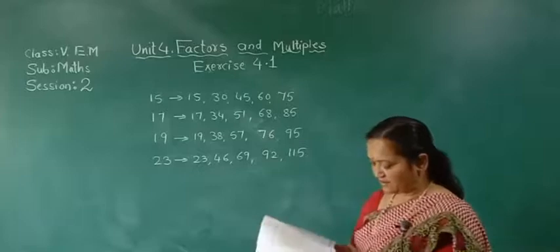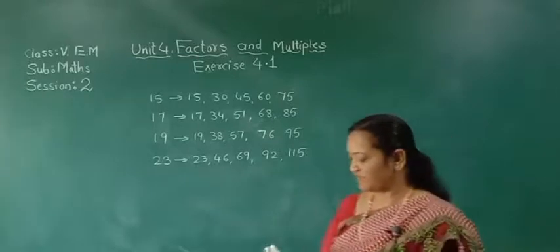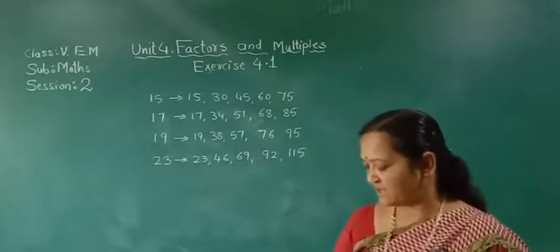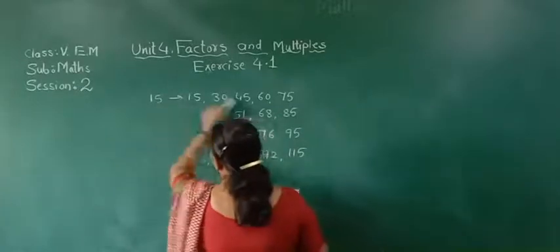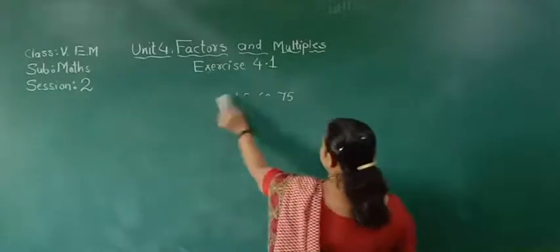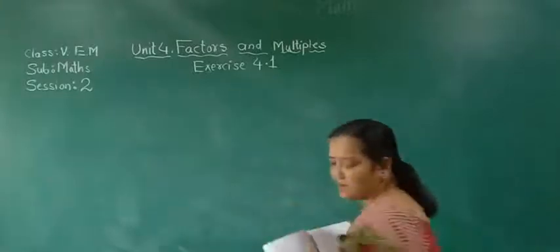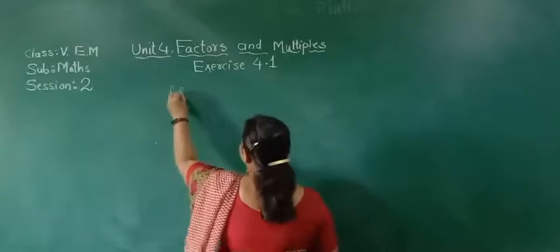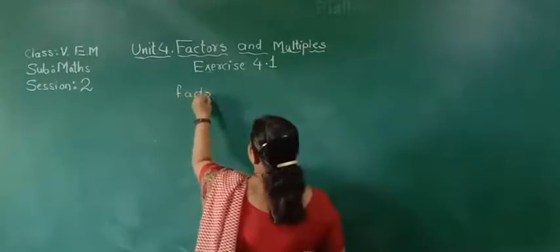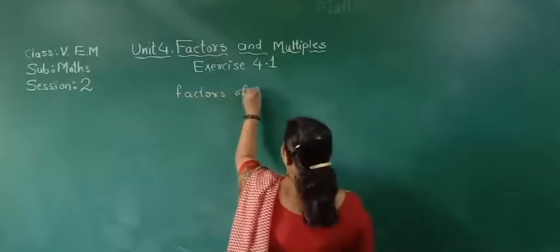Okay, then 7th question, find which of the following numbers are factors of 24. Here we should find the factors of 24. Some numbers are given and we should find the factors of 24.